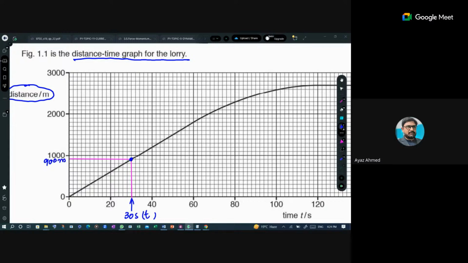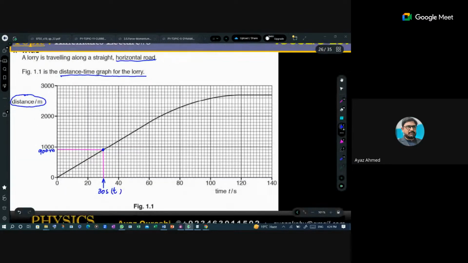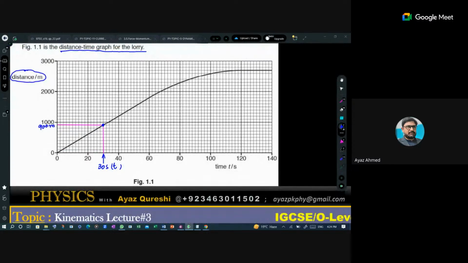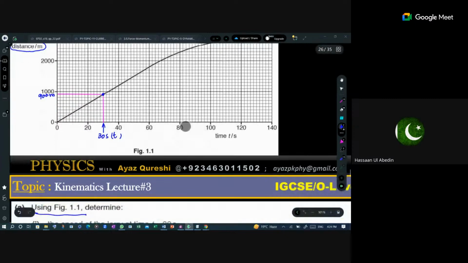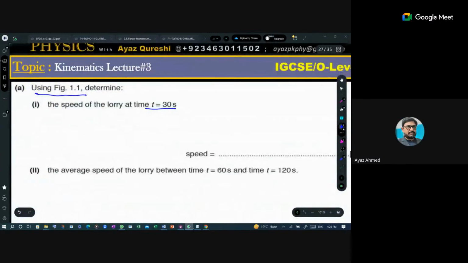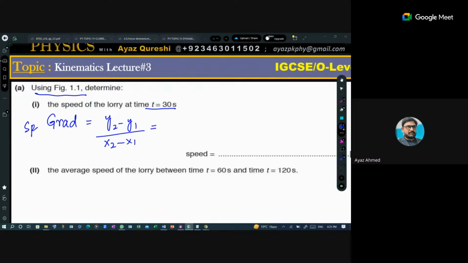But as I told you, from a distance time graph, if I want to calculate speed, I have to figure out the gradient. Gradient is equal to y2 minus y1 divided by x2 minus x1, which is equal to speed.